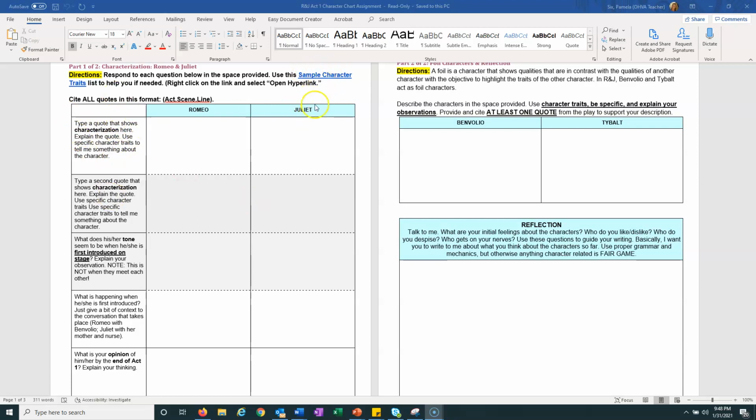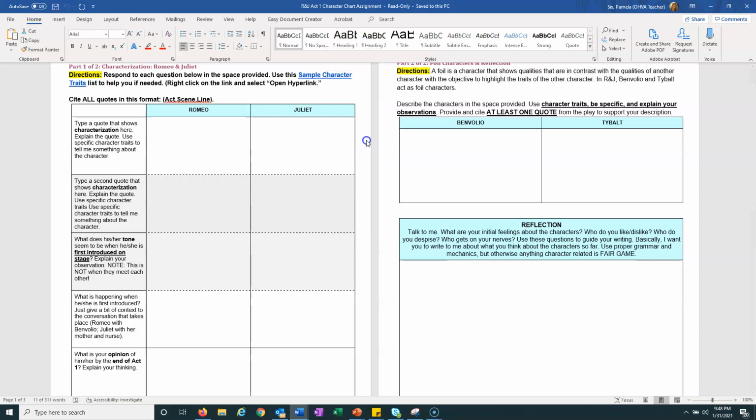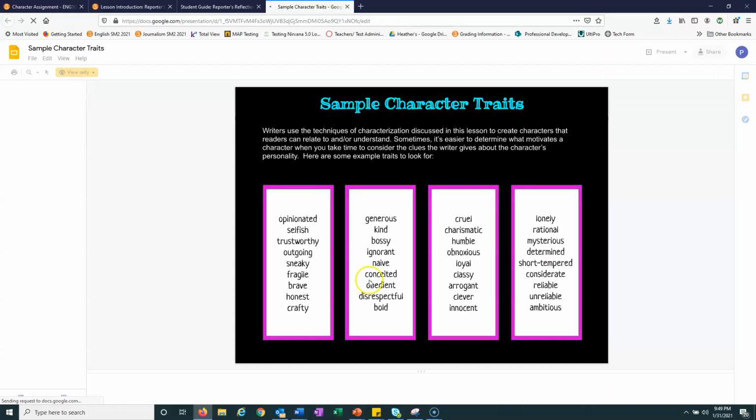What you want to go to if you need to is this sample character chart. I'm just clicking control and then opening it up, or you can right click on it and do open hyperlink. Once that opens up, it's going to give you a list of character traits that you can use for the assignment.